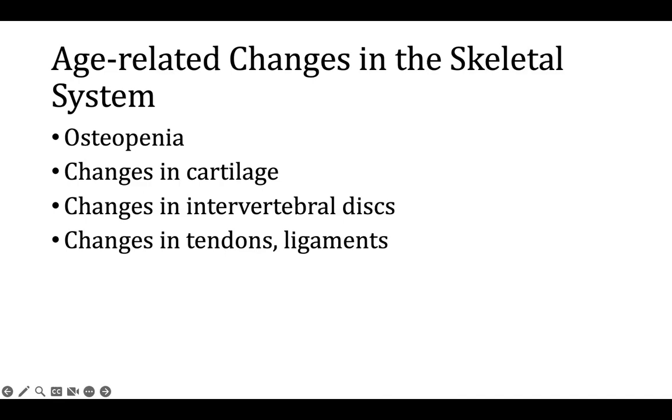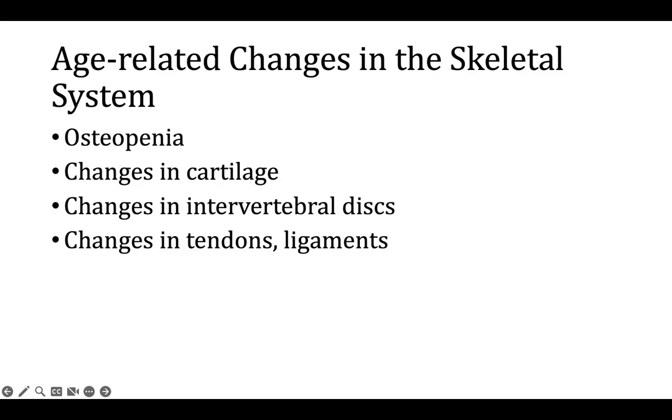That kind of decompression happens over time due to gravity, due to age, all of those things playing a role. We also have changes in our cartilage, which can cause some difficulty with movement, some pain that we might feel as well, due to that breakdown of cartilage over time.